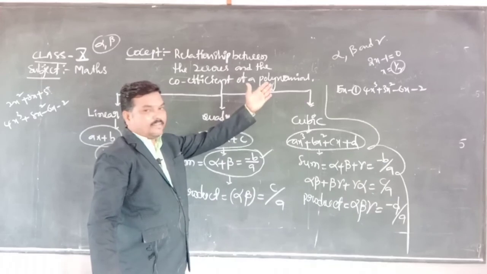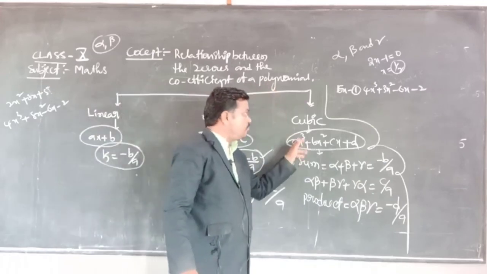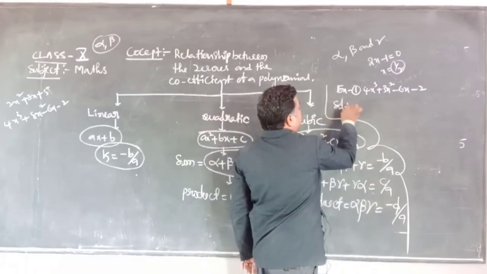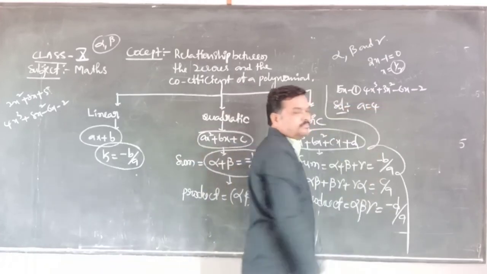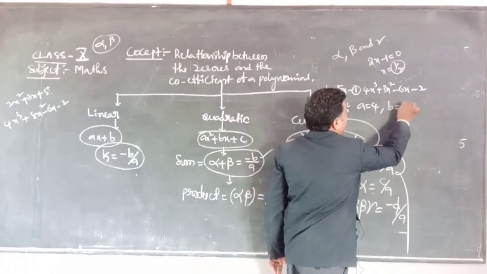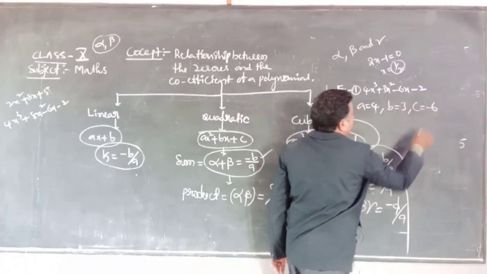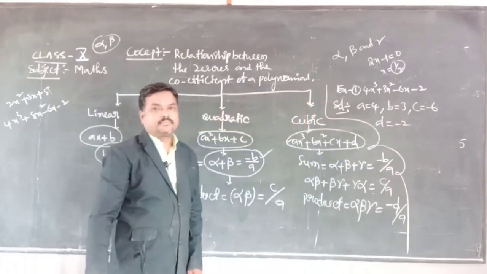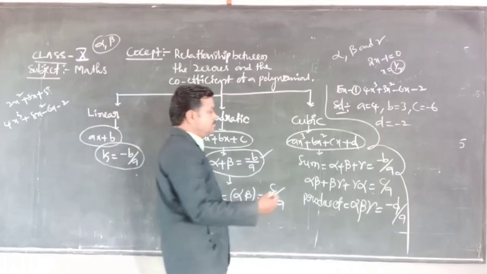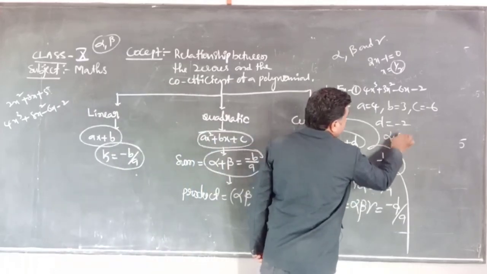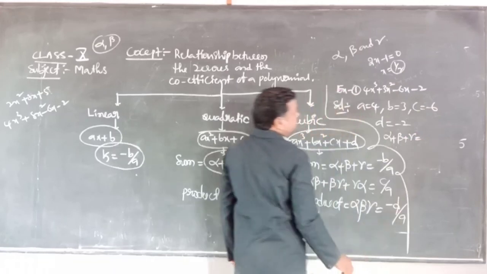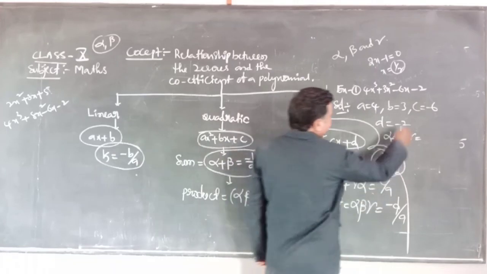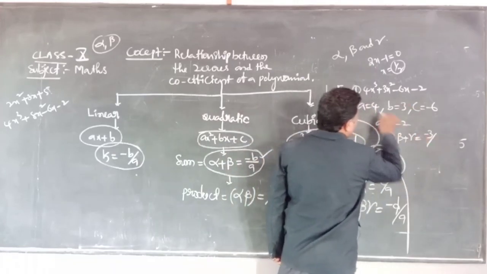Compare with the given polynomial ax cube plus bx square plus cx plus d. Here a is equal to 4, b is equal to 3, c is equal to minus 6, d is equal to minus 2. Then the sum alpha plus beta plus gamma, the formula is minus b by a, minus 3 by 4.